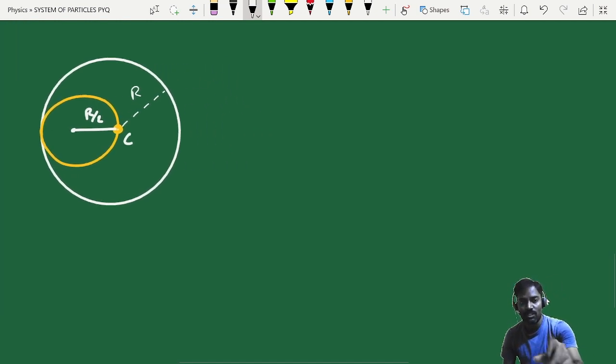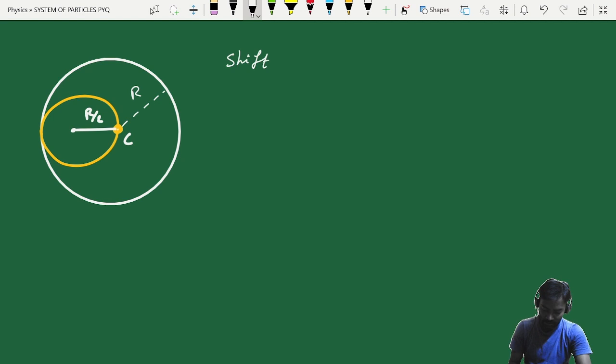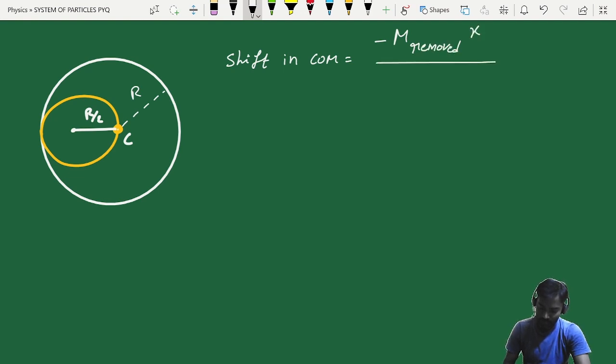We can approach this in two different ways. One is the shift in center of mass is equal to minus removed mass into distance by mass of the remaining disc.